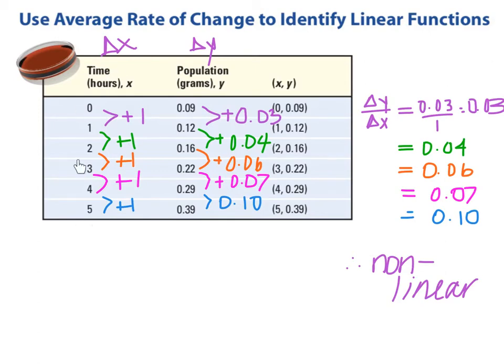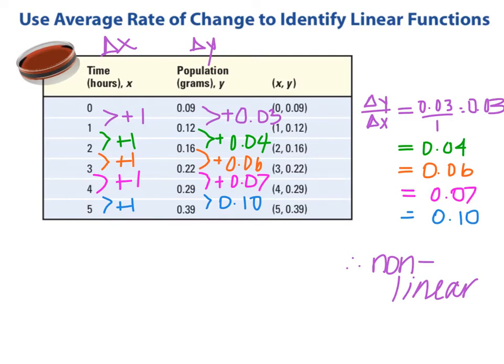In fact, everything here is by 1, so that makes finding the slope, or the average rate of change, so easy. But I run into a problem immediately, because to go from 0.12 to 0.16, that is a change of not 0.03, but 0.04. So already I know that this is nonlinear. But as I carry through, all of the change in y over change in x is very different.